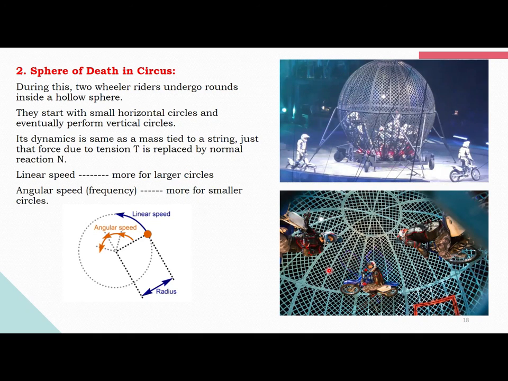Sphere of death, or we can say globe of death. The globe of death is a circus and carnival stunt, where stunt riders ride motorcycles inside a mesh sphere wall. It is similar to the wall of death. But in this act, riders can loop vertically as well as horizontally.